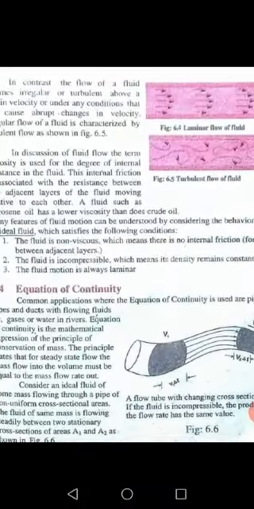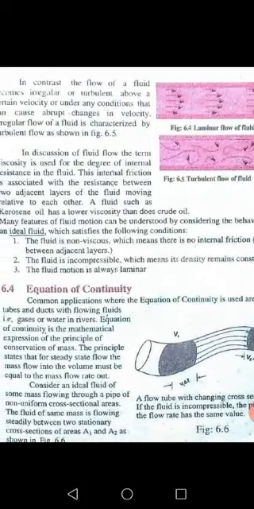Now the other definition is the principle which states that in steady state flow, the mass flow into the volume must be equal to the mass flow rate out. Consider an ideal fluid flowing in a pipe with non-uniform cross-sectional areas.